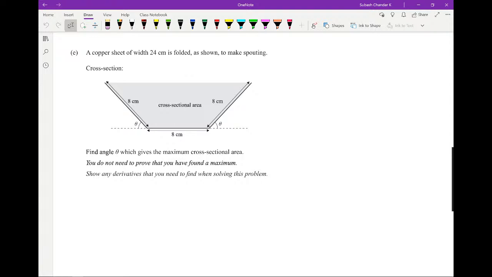So, okay, this question here, what have we been asked to find? A copper sheet of width 24 is folded, and we want to find the angle which gives the maximum cross-sectional area. Good Lord.